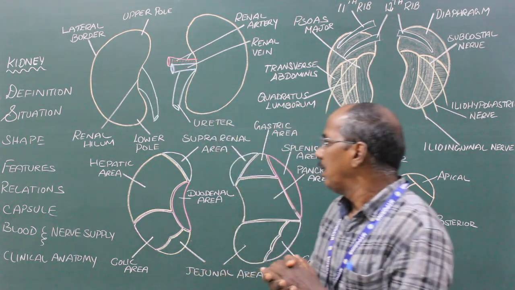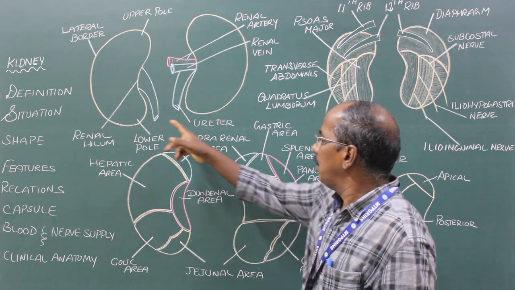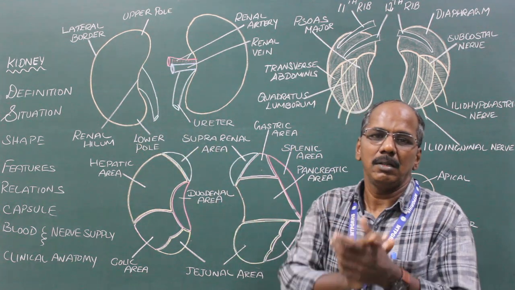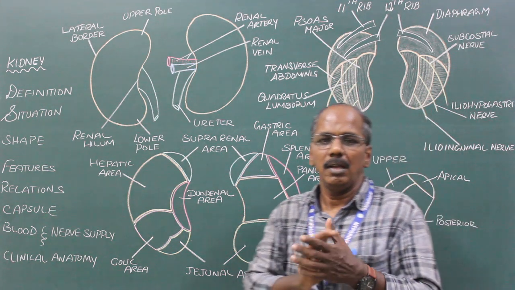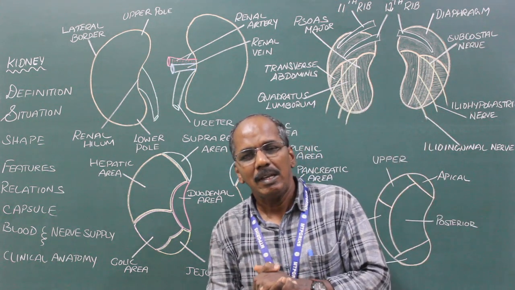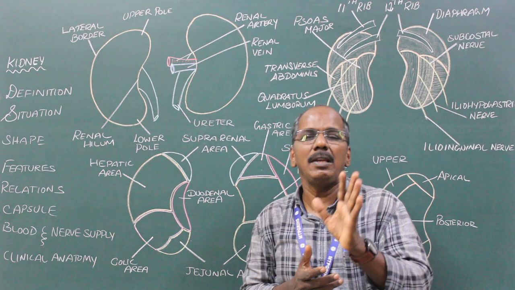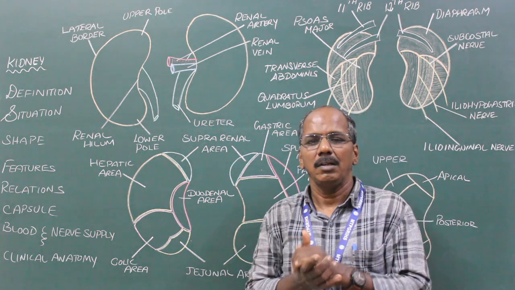Horseshoe-shaped kidney: in this condition, the 2 lower poles of the kidneys are united. Renal agenesis is a condition in which one or both kidneys are absent.